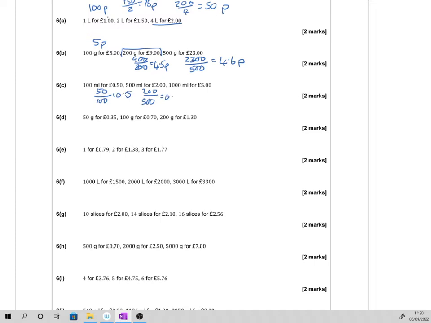This one is 0.4, and this one is 500 divided by 1000, which is 0.5. So the best one is this one.